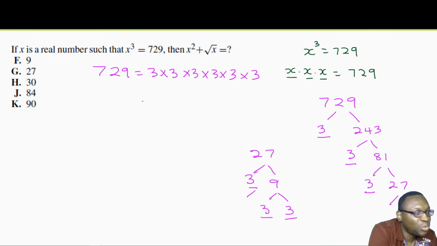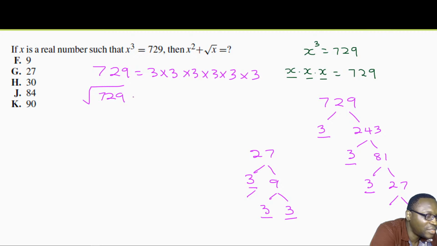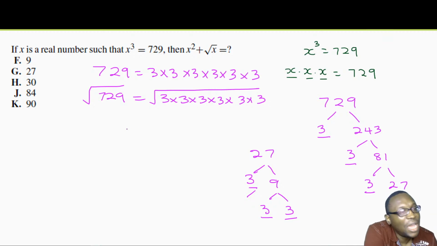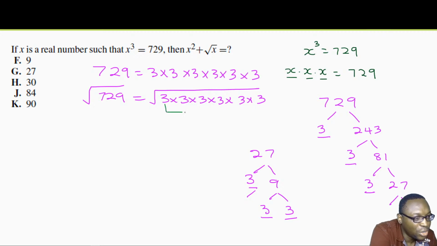Now we're looking for the cube root. So what we're going to do here now is this. The cube root of 729 is going to be the same as the cube root of 3 multiplied by 3, and then you have 6 of them. When you have this situation, the cube root simply means that we're going to have groups of 3.